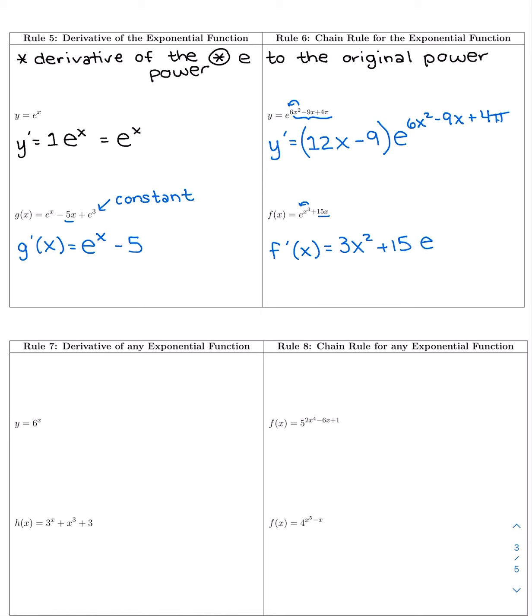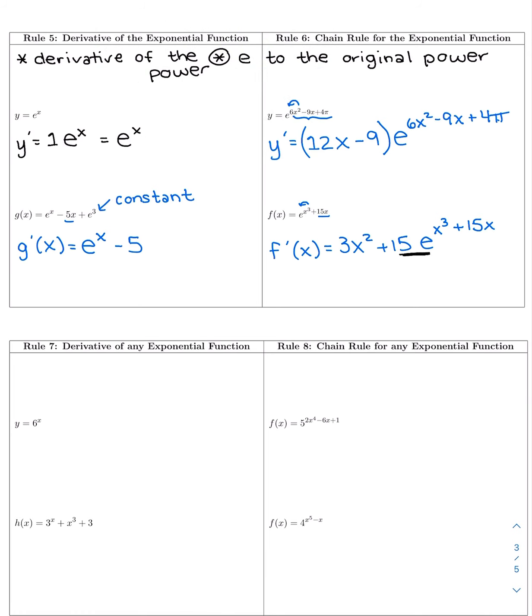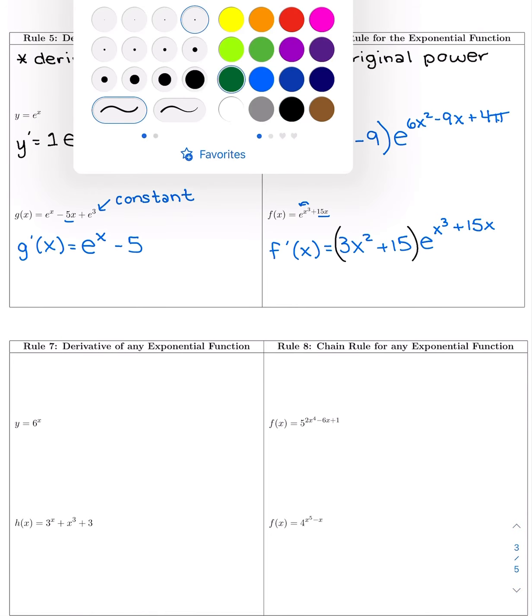And then we need to multiply that whole thing by e to the x cubed plus 15x. I have to be careful because if I write it like this, only the 15 is getting multiplied by e to the original power. And we want the whole derivative of the power to be multiplied by e to the original power. So it definitely needs parentheses if your power has more than one term in its derivative.